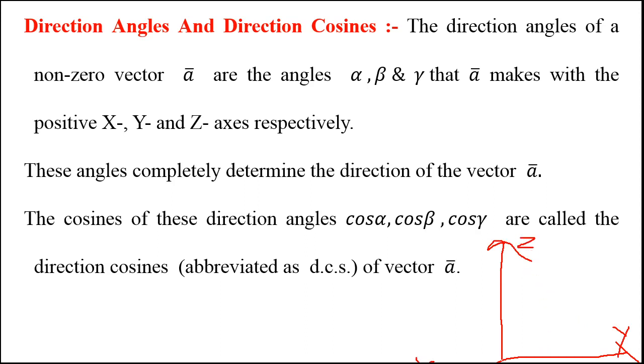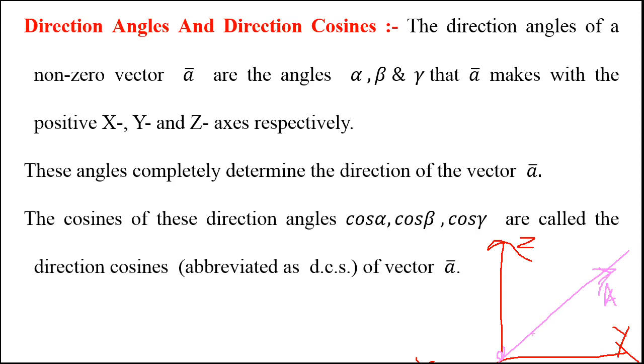And if I draw a line, this is line. Let us consider vector OA bar. Consider a vector OA bar. Now why I am considering vector? Because it has specific direction.